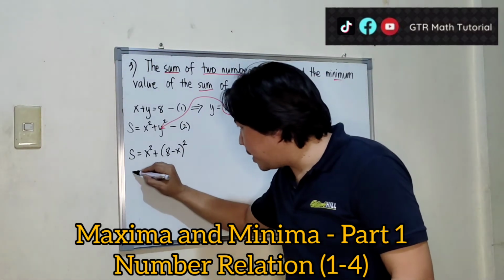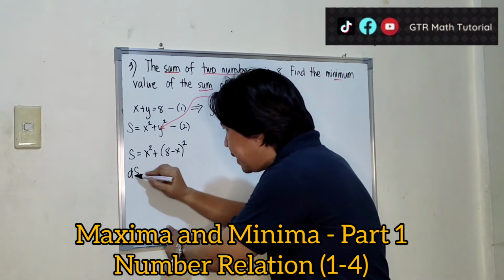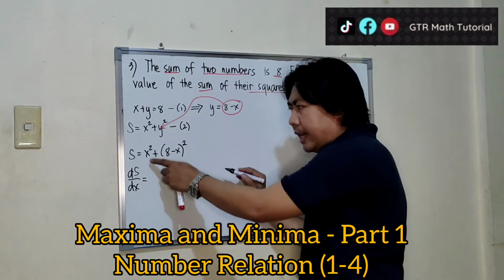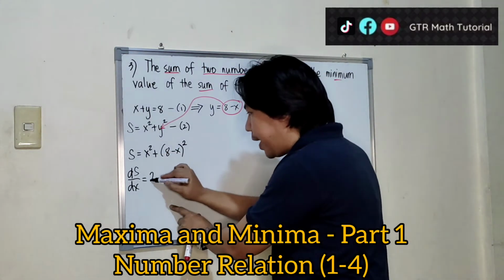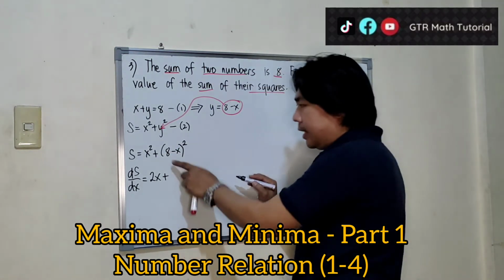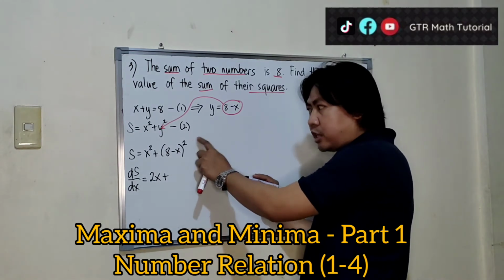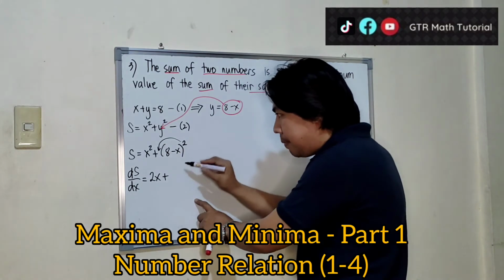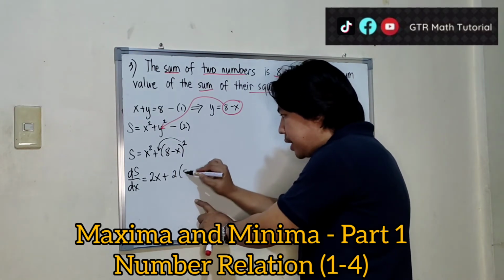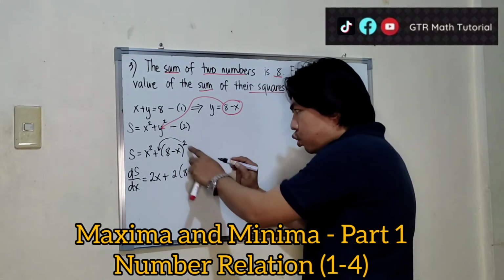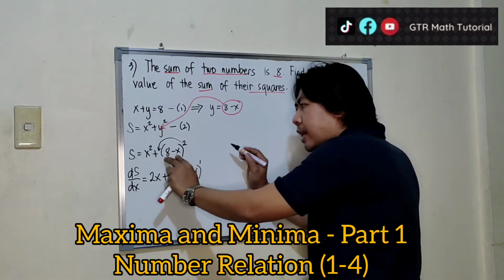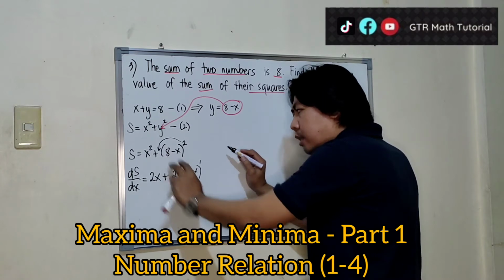Derivative of s with respect to x is equal to the derivative of x squared, so that is 2x, plus the derivative of 8 minus x squared. So apply the power rule: put 2 here, multiply to the base, so we have 2 times 8 minus x, 2 minus 1 is 1, no need to write that one, and then times the derivative of the base, 8 minus x.